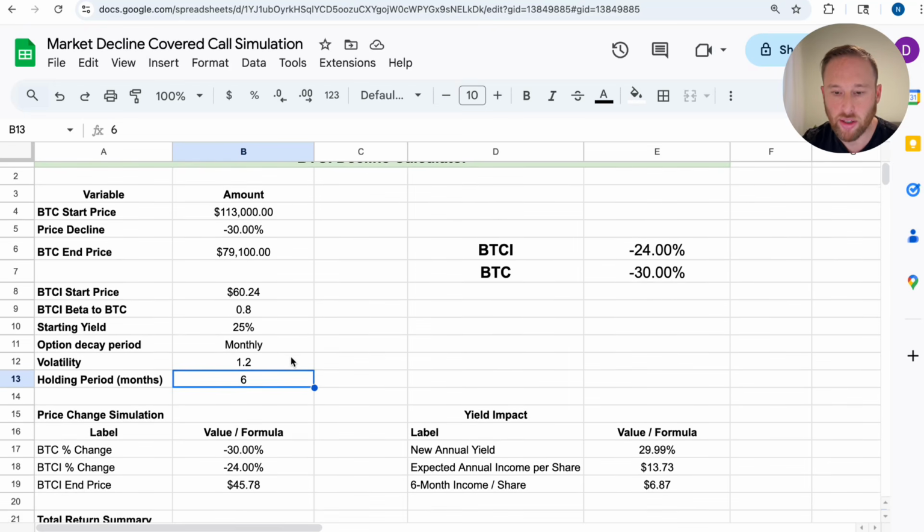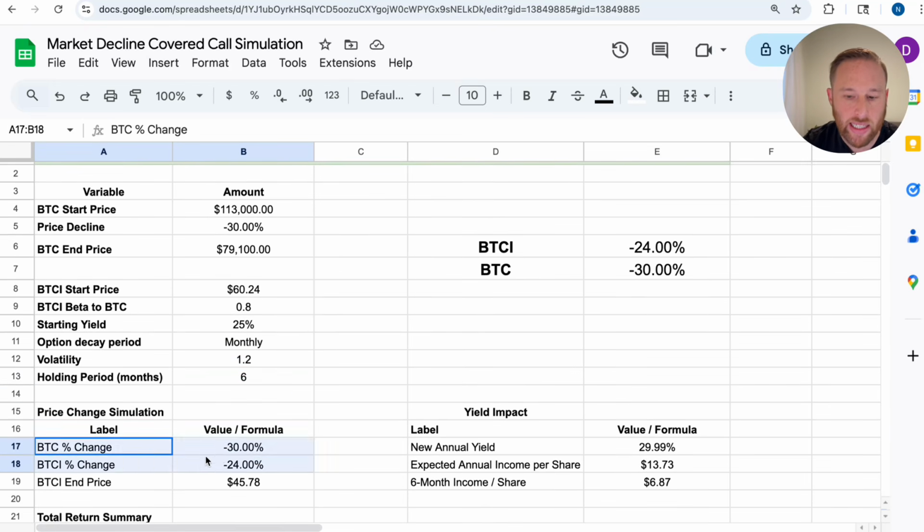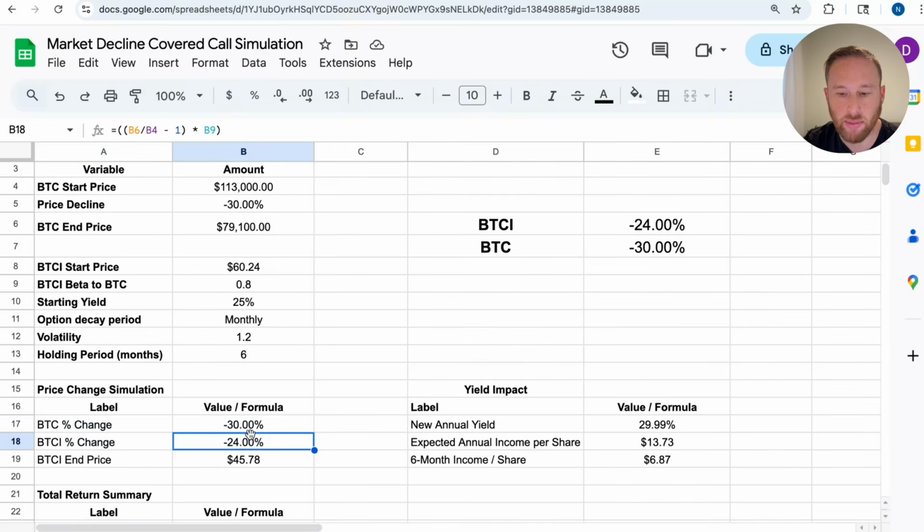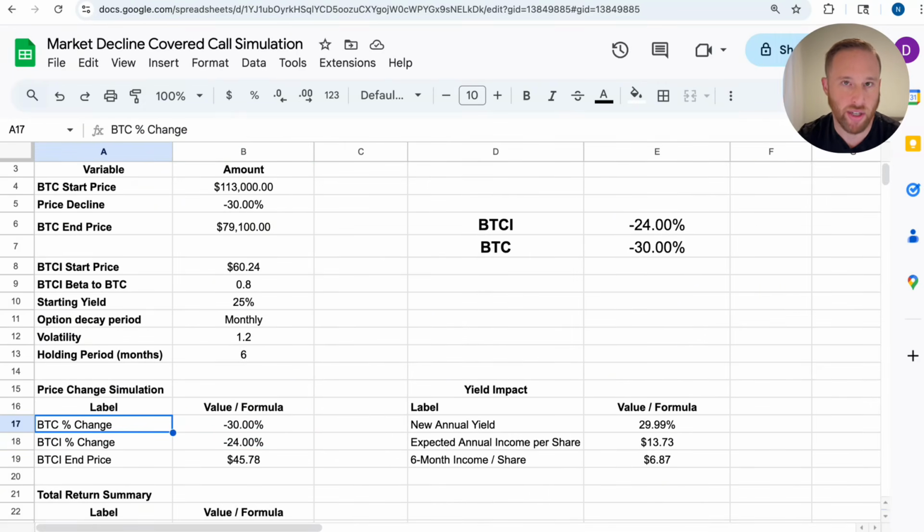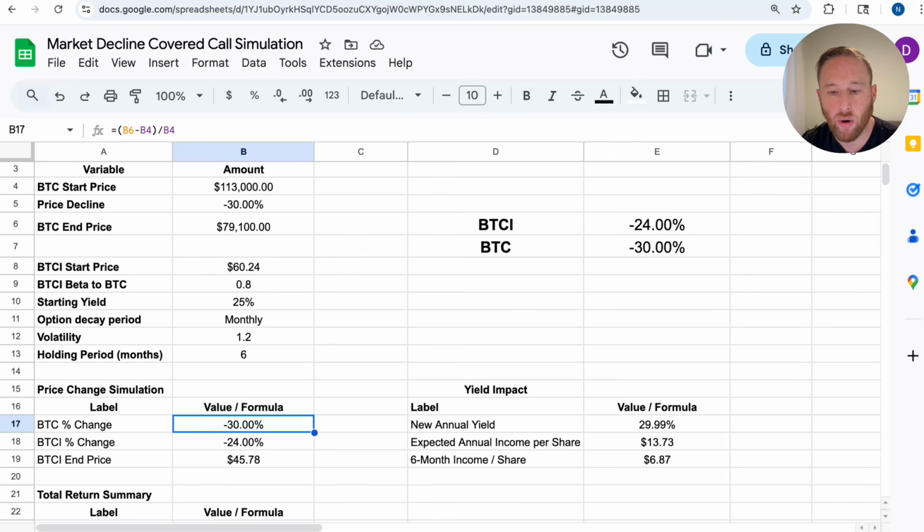All right. So, simply put, when it comes to BTC, you can see the screen here. What's going to happen with a negative 30% decline? BTC is going to decline by 30%. Simple story, right? Well, BTCI is only going to decline by 24%. And it's only because its correlation is different and truly because of the income padding that you'll get.